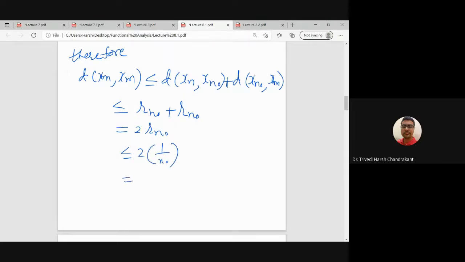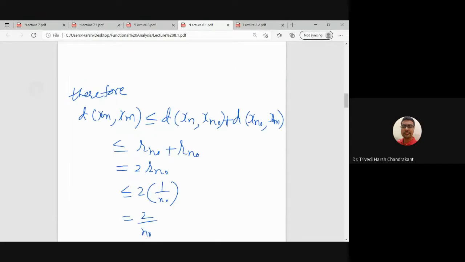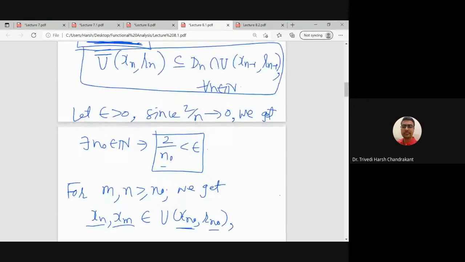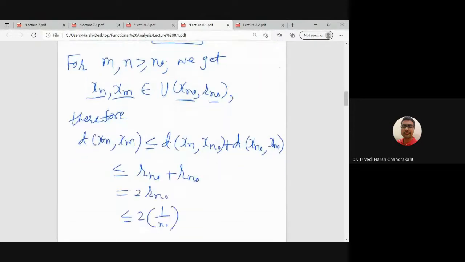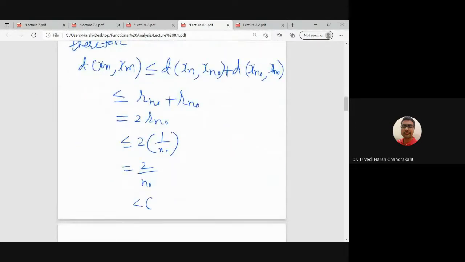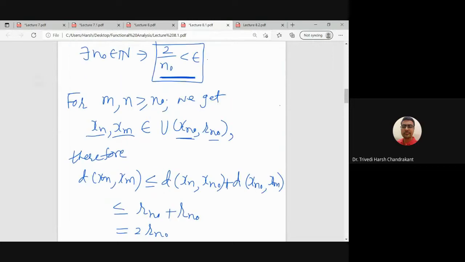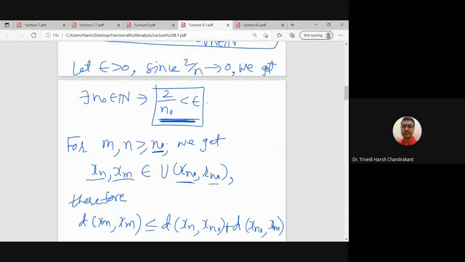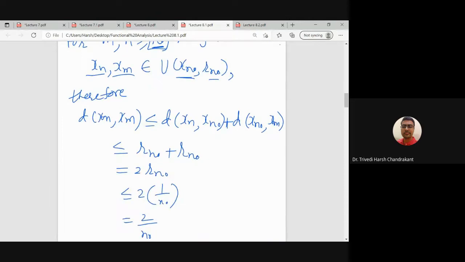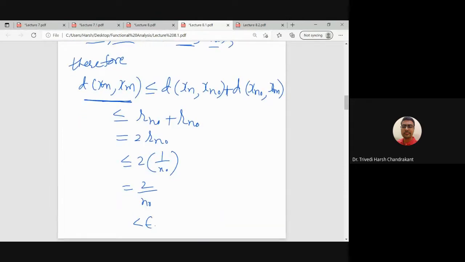So now we got the number 2 divided by n0, and that is less than epsilon. We choose n0 in such a way that 2 upon n0 is less than epsilon, and for this particular n0 we get this is less than epsilon.